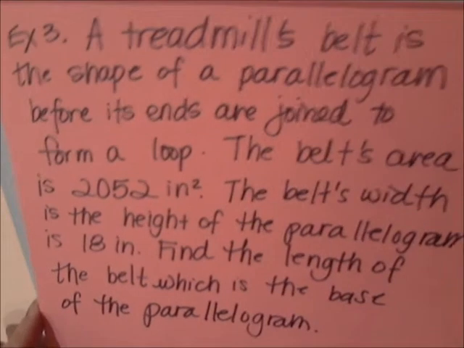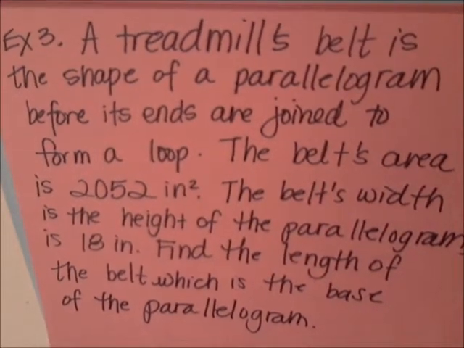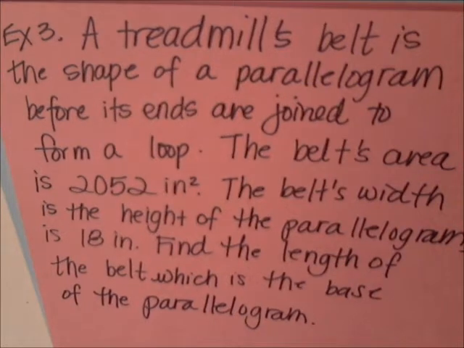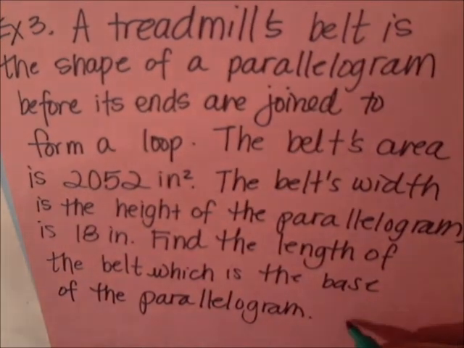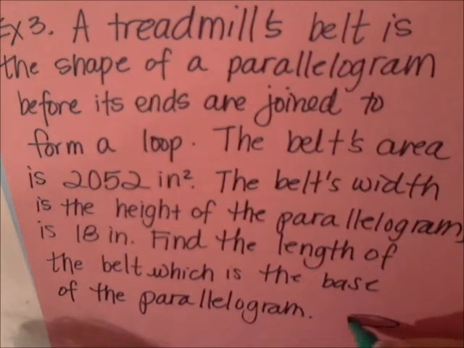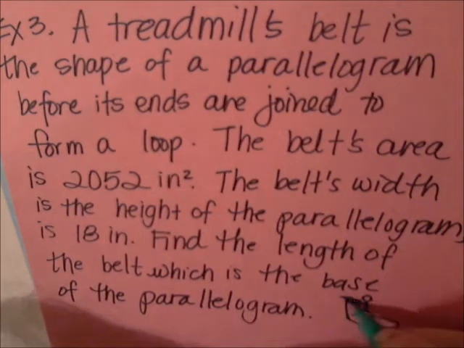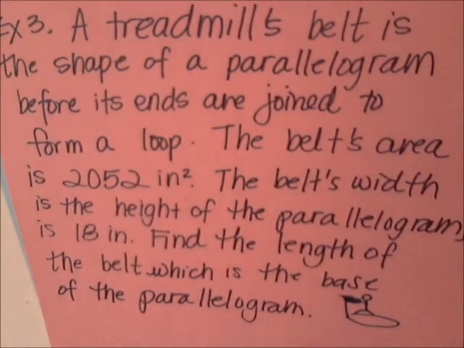This took me forever to write down, this word problem. A treadmill, and you know what a treadmill is. Those are the things that we run on at the gym. Here's a treadmill. Here's the person on the treadmill. They are walking on the treadmill.